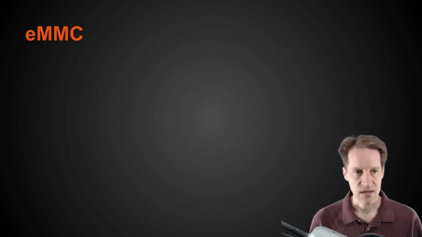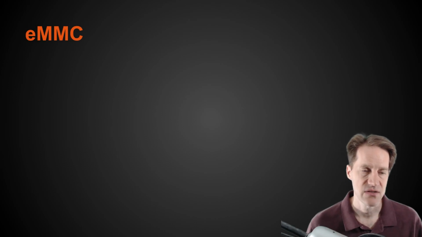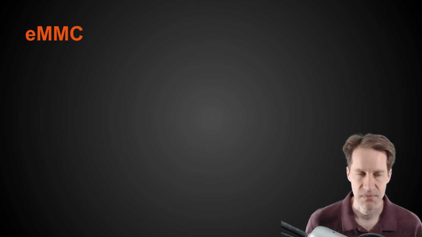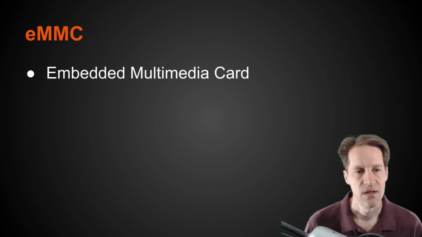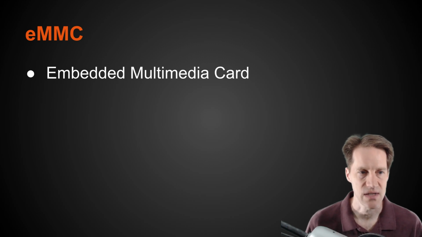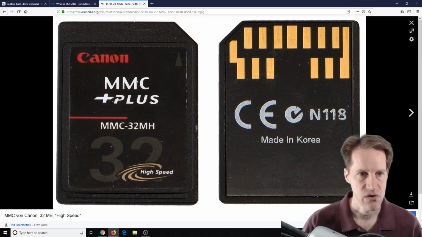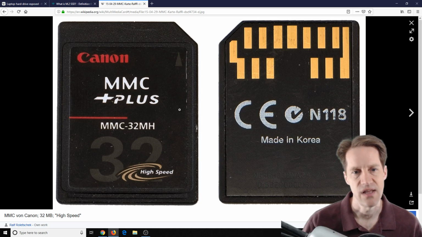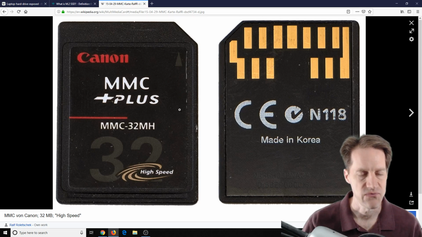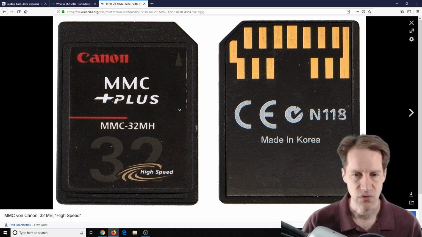All right, the next storage technology you'll see, and these are generally on less expensive computers or laptops, is called an embedded multimedia card. That's what eMMC stands for. Again, this image is from Wikipedia. These are essentially multimedia cards that you may use in your phone or your camera or video camera.